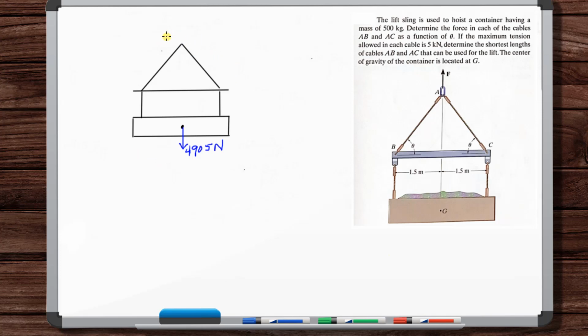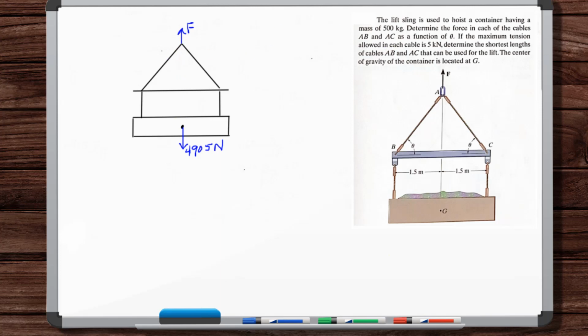Okay, so in this free body diagram here, we've isolated this system. There's only one other force, and that's this unknown force F. And as I mentioned at the beginning of the video, we could write a free body diagram of this system as a particle. We know this is in equilibrium, and the lines of action of all of the forces acting on this system meet at a point, anywhere along this line.